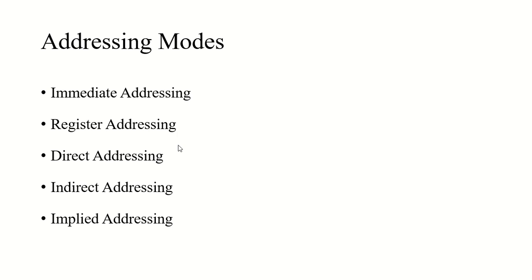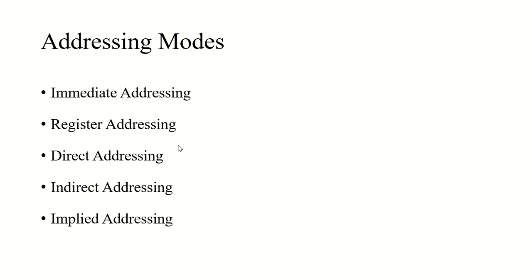Then we have the register addressing mode. In this mode, the source and the destination operands are general purpose registers, and register addressing instructions are generally of 1 byte only, opcode only, because it has to work with only registers, right? So the opcode specifies the operation and the register to be used to perform the operation.